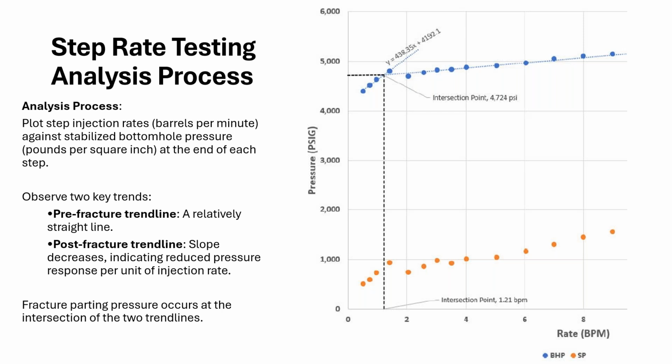Next question I have here, if you don't reach a stabilized pressure for a higher rate during the test, do you recommend extending the duration time for that rate step and the following rate steps? That is a part of some state guidance. If you have a bottom hole pressure that doesn't stabilize in 30 minutes, then there may be something else going on downhole that you're not accounting for in your step rate test procedure.